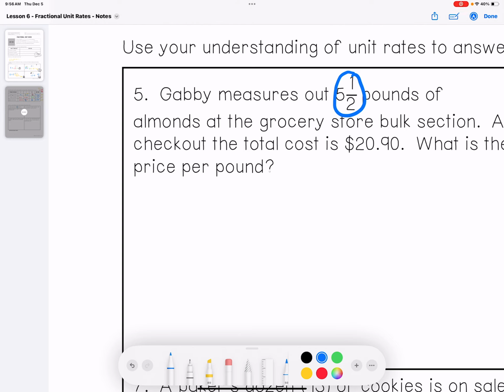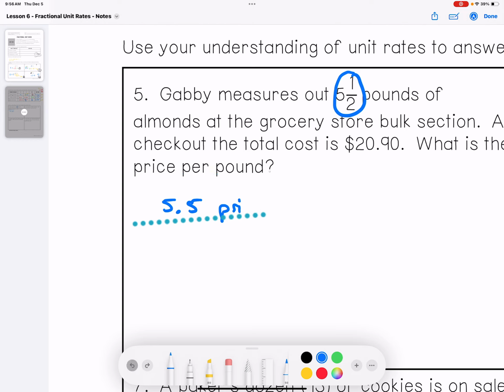We all know that half is 0.5, so we can turn that into 5.5. I'm okay with that. We know that the total cost was $20.90. So this was the price, and it asked per pound. The per goes on.